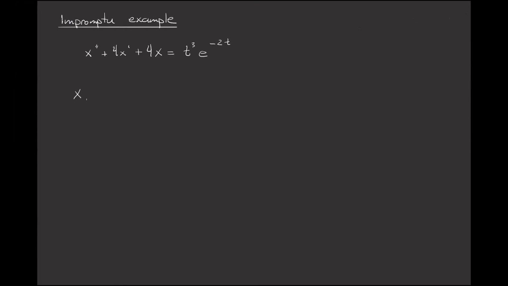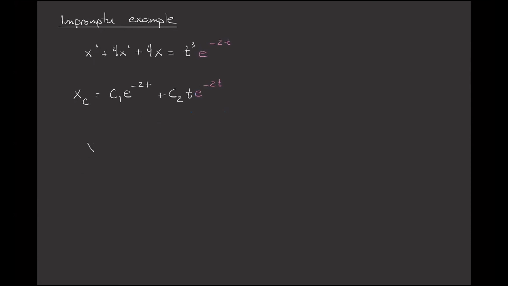If we have the complementary solution is c1 e to the -2t plus c2 times t e to the -2t. And I'll highlight that you have this repetition here. My question to you is, what should our particular candidate be? And you can just put it in chat. It's just going to go to me, so only I'm going to see it.